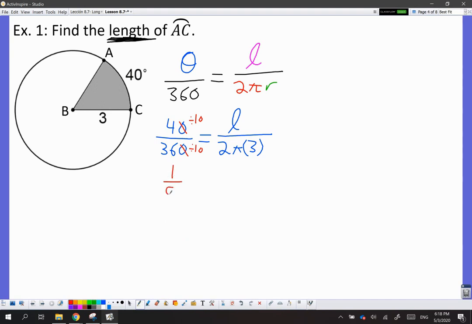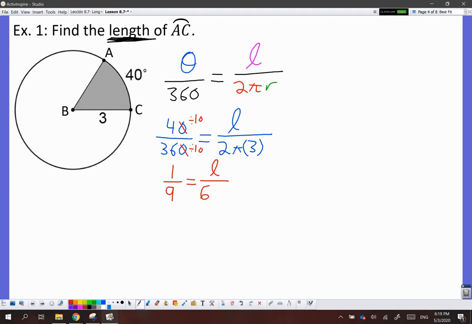So I'm going to clear this out and I'm going to write my new fraction in place. 1 over 9 equals, over here obviously I can't do anything with the L, that stays as L, but on the bottom I have 2 times pi times 3. When I'm leaving my answers in exact form, I'm going to ignore everything with the pi. I'm going to pretend that it's not even there. Now if I ignore that pi, I still have to multiply 2 times 3. So let's do that. 2 times 3, I know that's going to be 6. Now here's the key though.